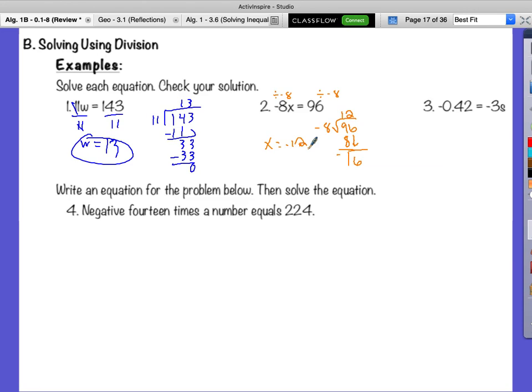How does this 14 go to 84? Can you tell me? Does that look right? Okay. Go ahead and start solving.